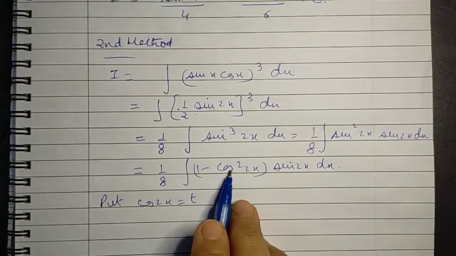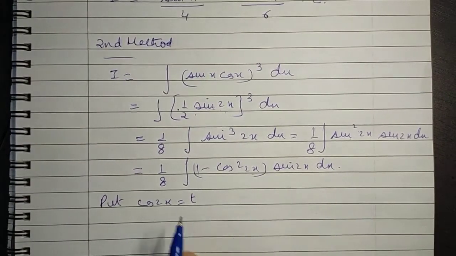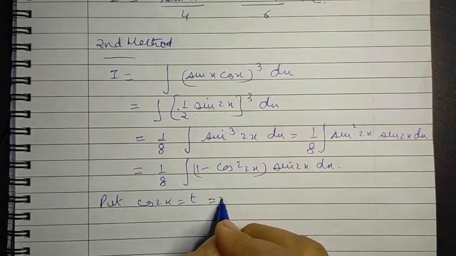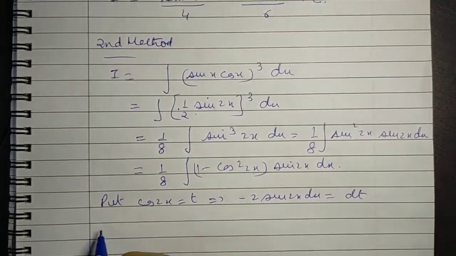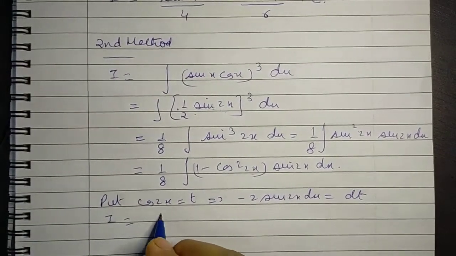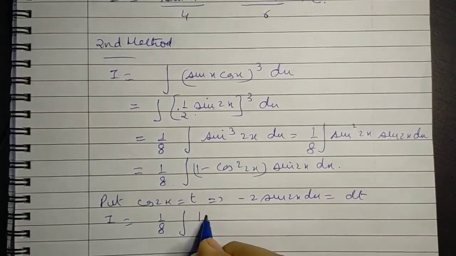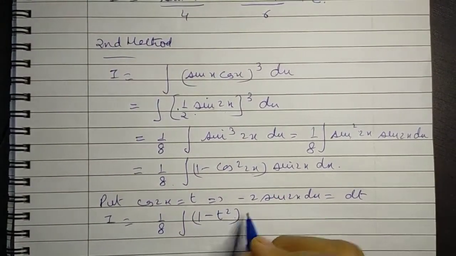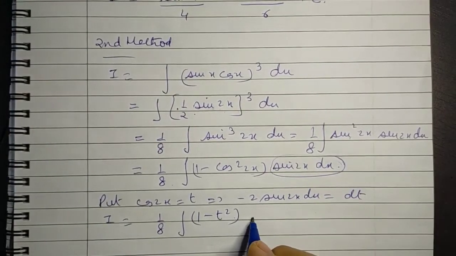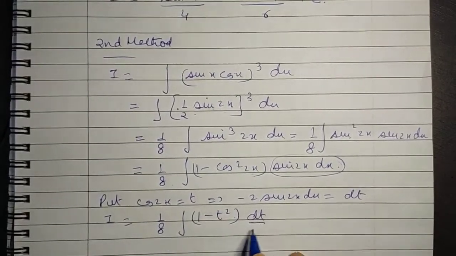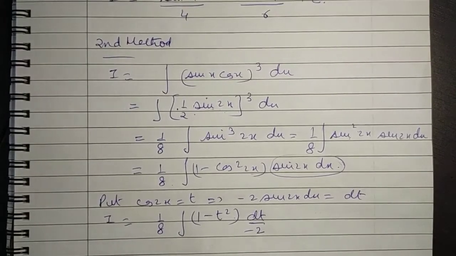So here we will put only cos 2x as t. So what do we get? Minus 2 sine 2x dx as dt, and I comes out to be 1 upon 8 as it is, 1 minus t squared as it is, sine 2x dx gets absorbed as dt over minus 2, and now you solve it.